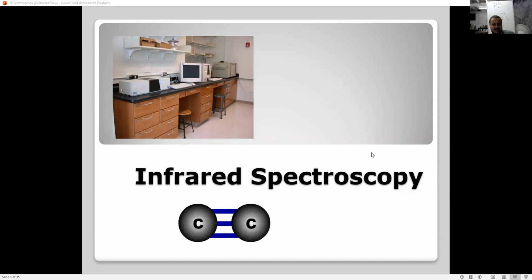So we're looking at another method of analyzing organic compounds, trying to figure out what's there. So we're looking at infrared spectroscopy. And you can see the carbon atoms there are bouncing, because what we're looking for is the wobble.